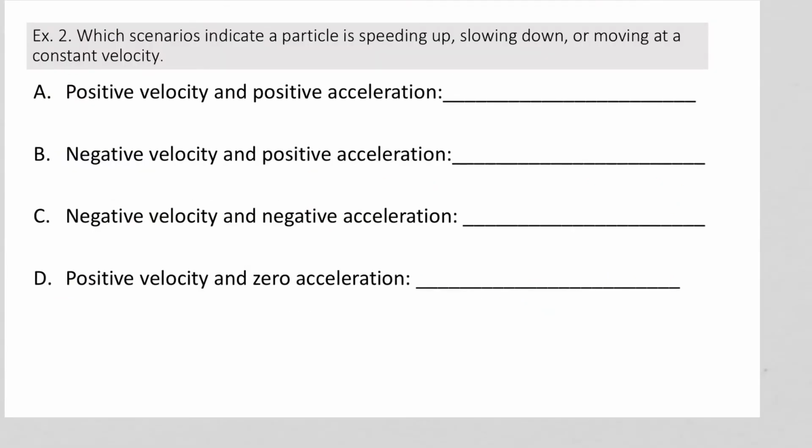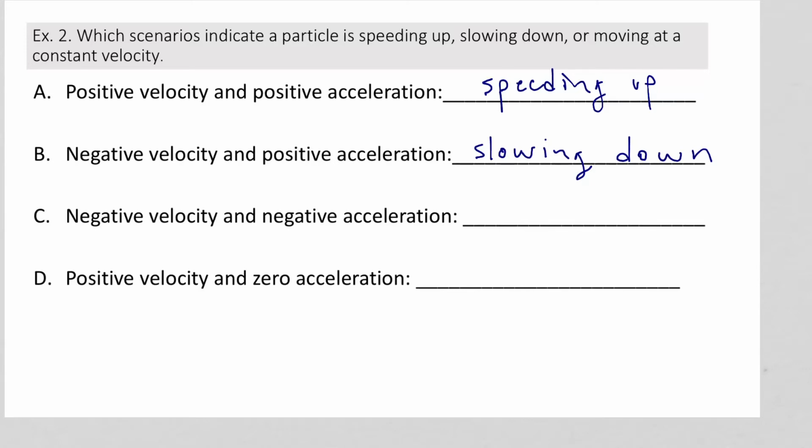A says positive velocity and positive acceleration. Those are both positive, so we're going to say this particle is speeding up. B says negative velocity and positive acceleration. Well, they're acting in opposite directions, so this particle is slowing down. C says negative velocity and negative acceleration.